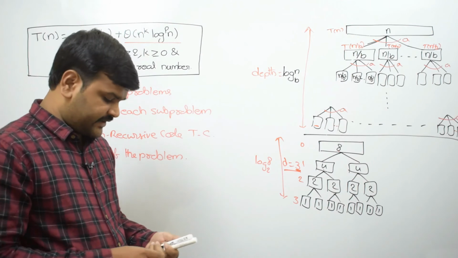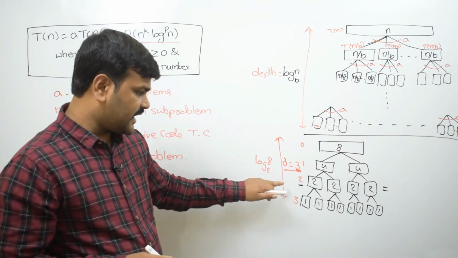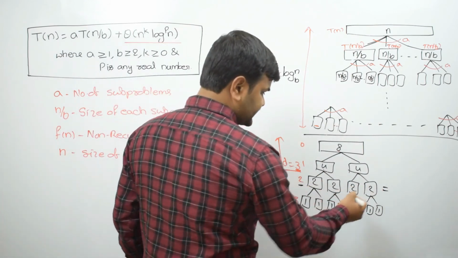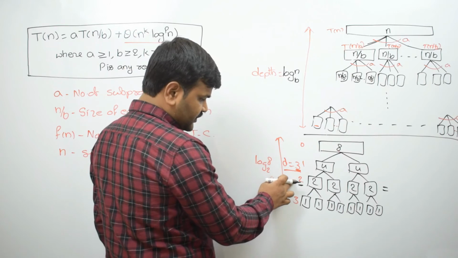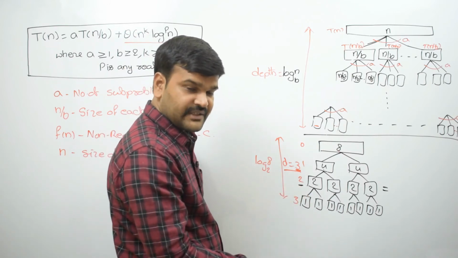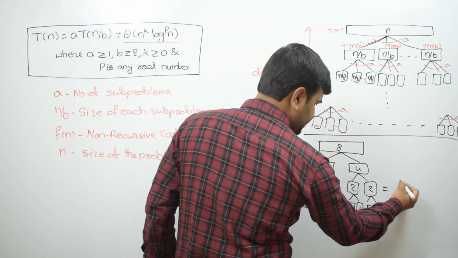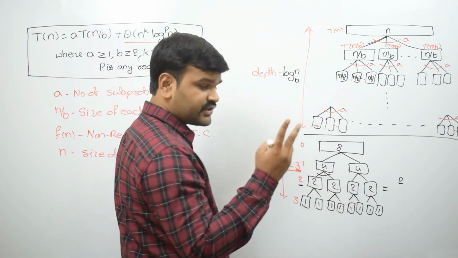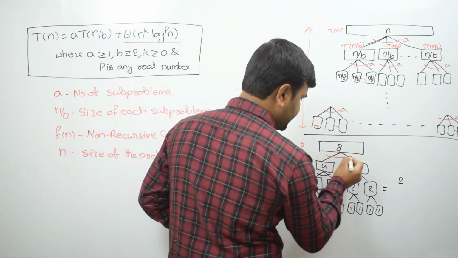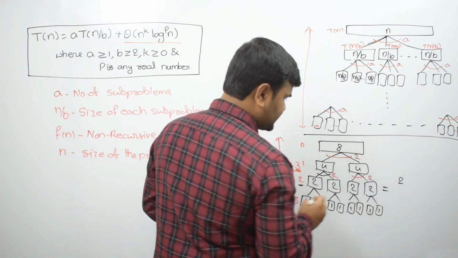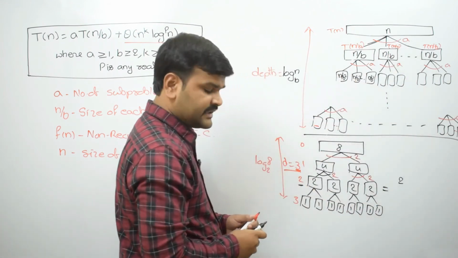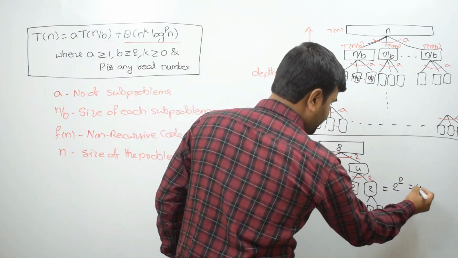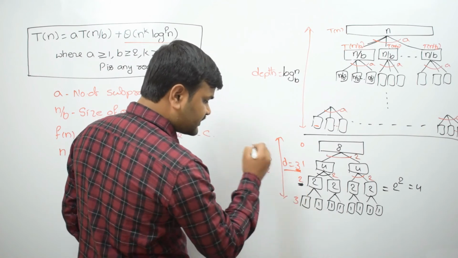And now further if you continue, at depth 2 how many problems are there, that means how many nodes are there? So here 4 nodes are there. So at depth 2 how will you get the number of nodes? So this is depth 2 in the power, and each problem you are dividing into 2 subproblems. That is what we have to observe, each problem divides into 2 subproblems. So that is what a is here. So that is 2 square, which means 4 subproblems are there at that particular depth.